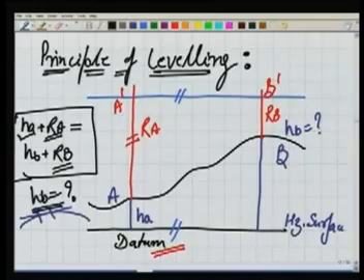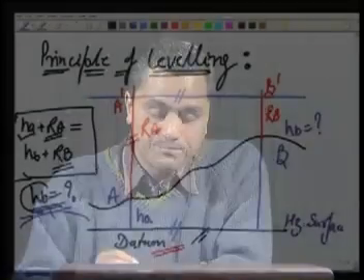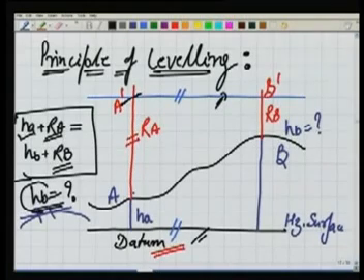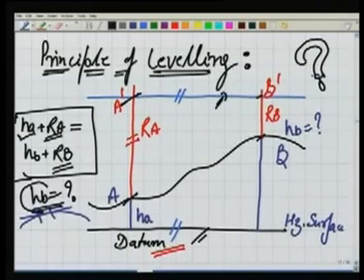So you can now determine HB. So this is actually the basic principle of leveling. Whenever we do the leveling, as you will see now, we will be making use of this principle. What we will do? We will try to establish a line which is parallel to my datum, as we have done here, and then we will read the intercept at these points here. Okay, how it is realized in practice, that we will see now.